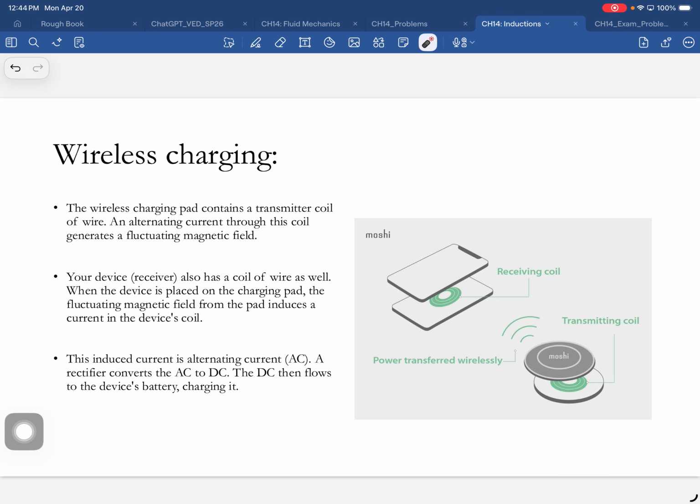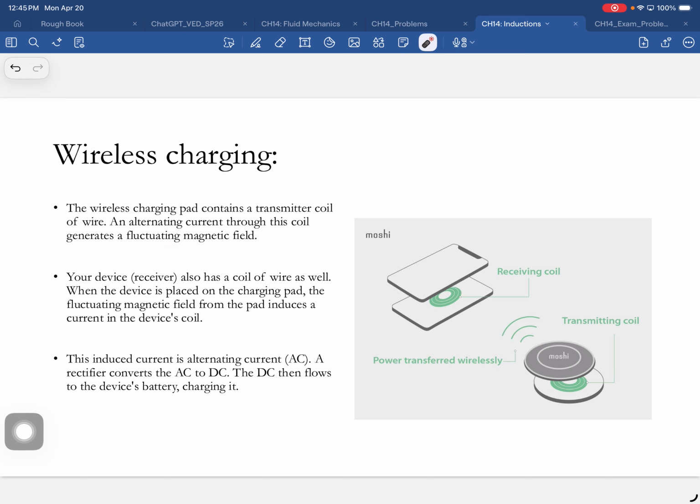That's how wireless charging works as well. You have a transmitting coil, just a coil, and you apply an AC voltage to it, and you have a receiving coil, and it induces a current in the receiving coil, and that's an AC current as well, and that has to be converted to DC before you can charge your battery. So the wireless charging pad contains a transmitting coil, and alternating current through it generates a fluctuating magnetic field.